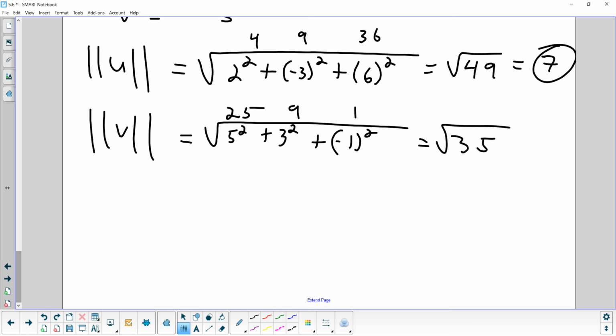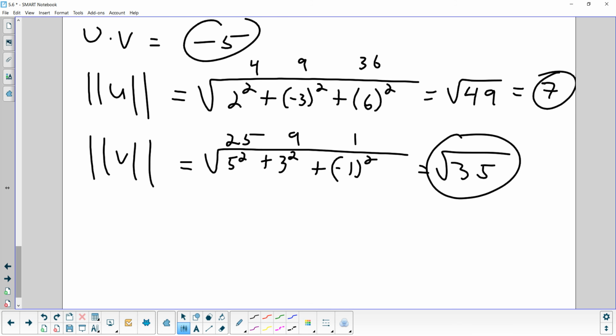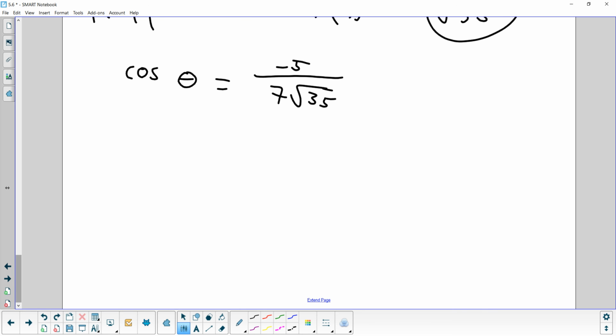All right. Now, let's set up my formula to find the angle. So Dominic, using those 3 pieces of information, can you set up my equation to find my angle? Cosine of theta equals negative 5 over square root of 35 times 7. Yep. And Raymond, how am I going to get rid of cosine so I can get theta by itself? Inverse cosine. Good.